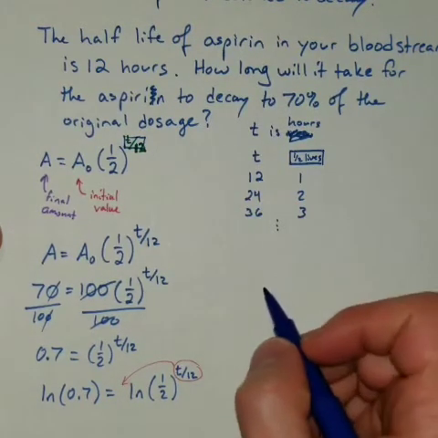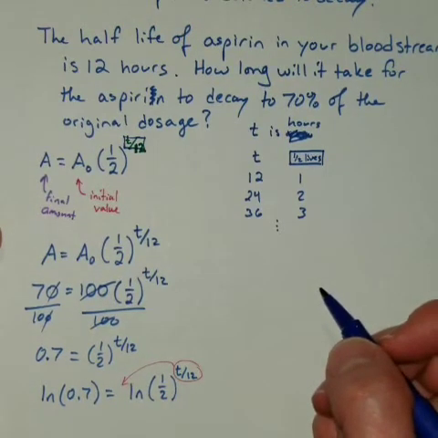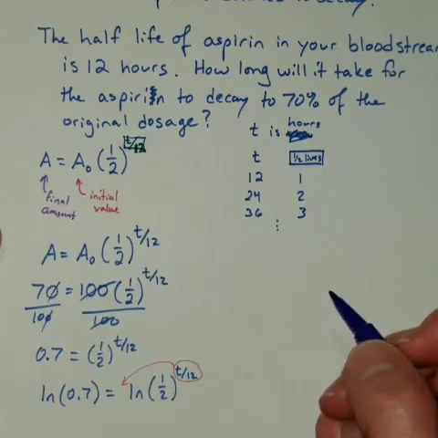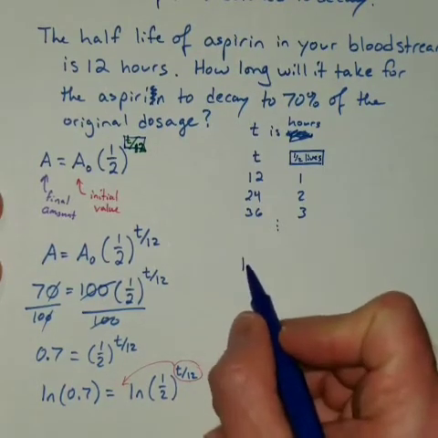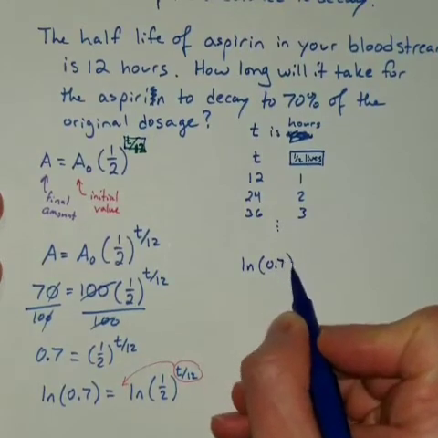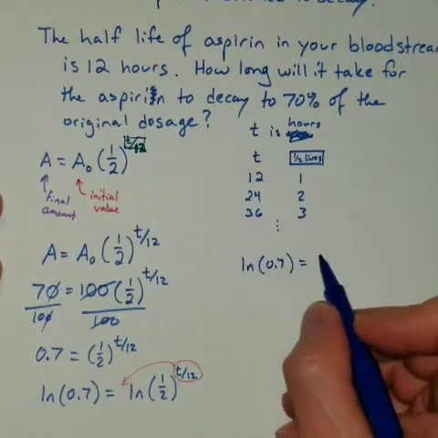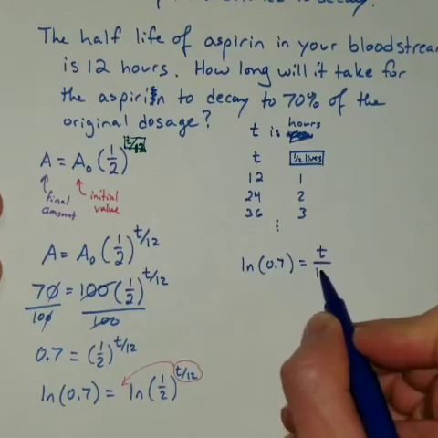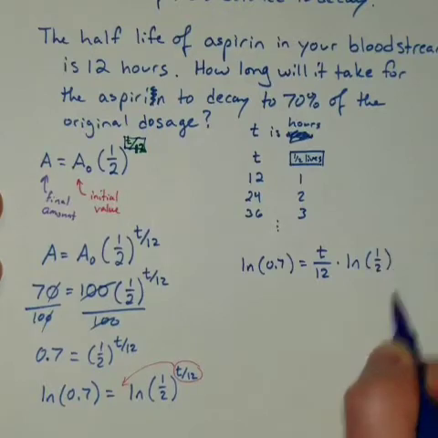That should have been commandment number 9, I believe, on our list of the 10 commandments of logarithms. Alright, so now we have the natural log of 0.7 equals, well, this becomes t over 12 times the natural log of 1/2.